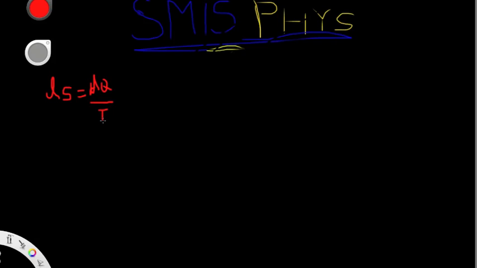For example, even in a freezing process, though the entropy of the substance decreases, there's a flow of heat, or Q fusion, into the surroundings, which thereby increases the entropy of the surroundings and thus the overall entropy of the entire reaction.